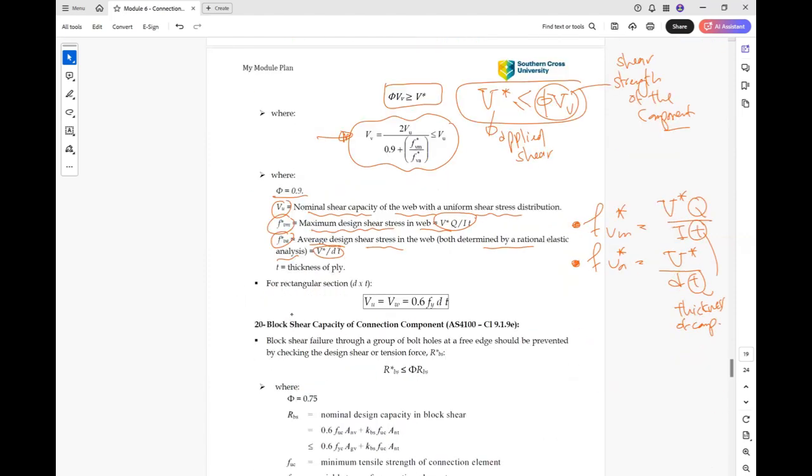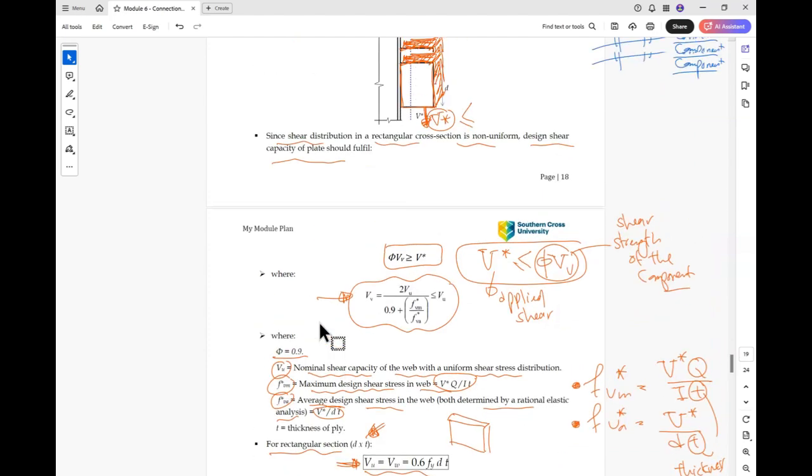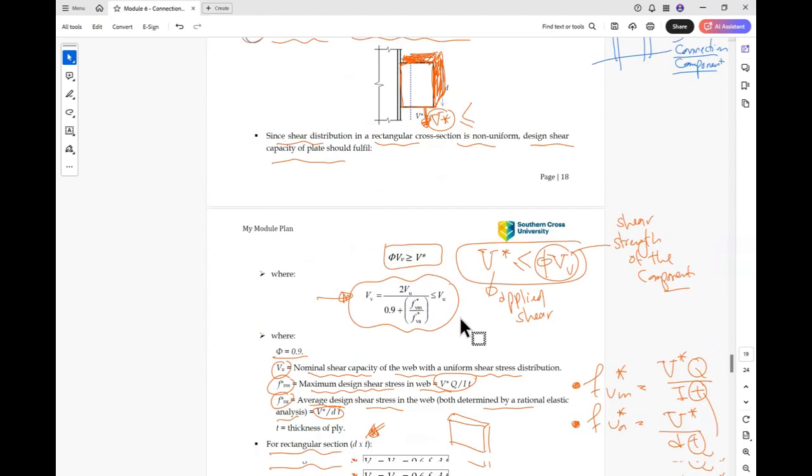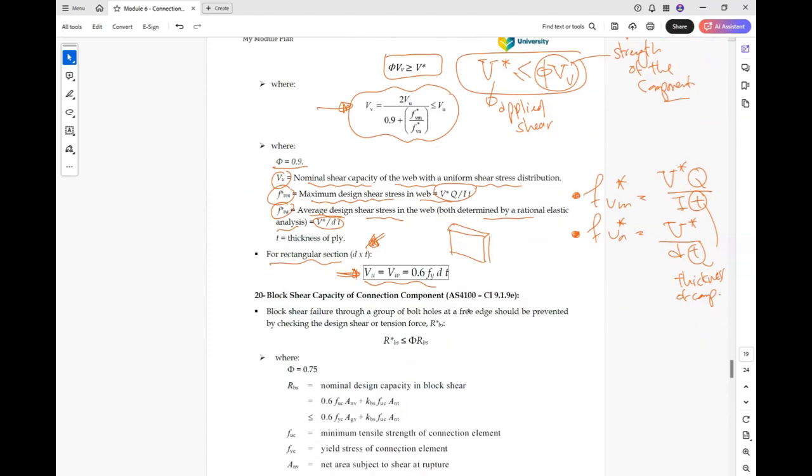For a rectangular section, which would be used, you can use V_v as the following. So you can ignore this one and focus on this one. For a rectangular section, similar to this one here, d is the depth and t is the thickness.